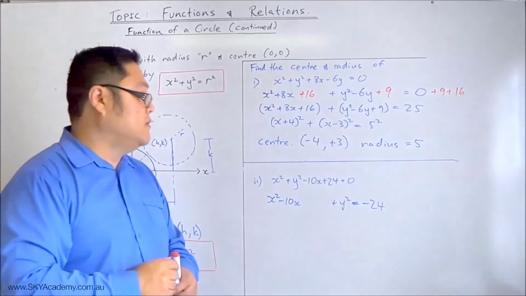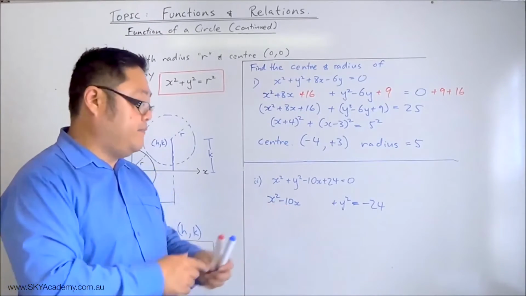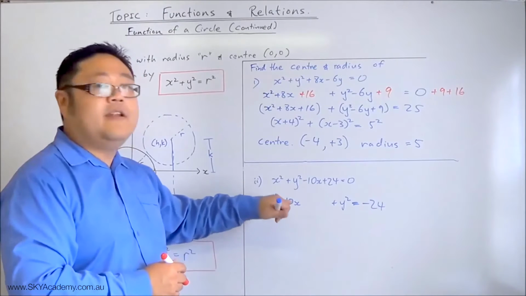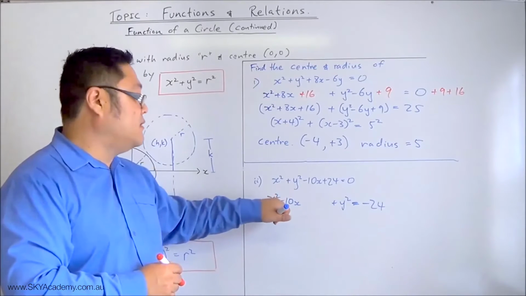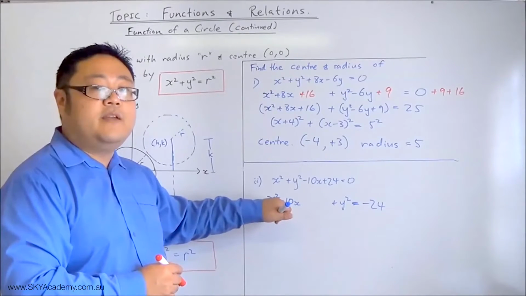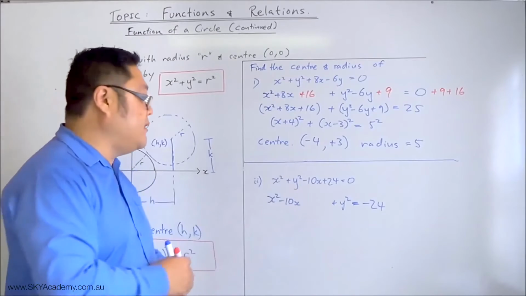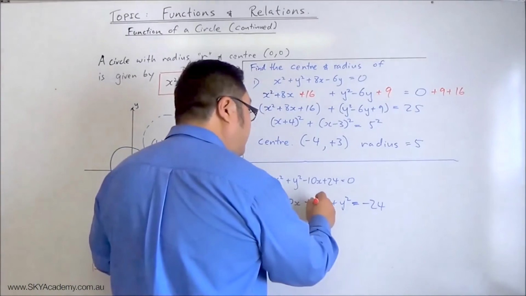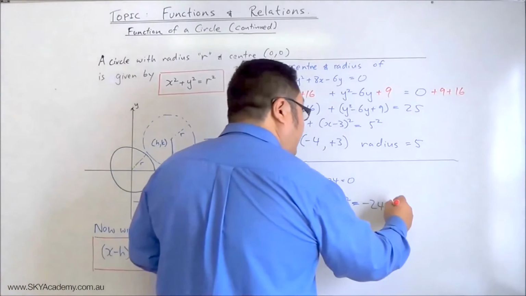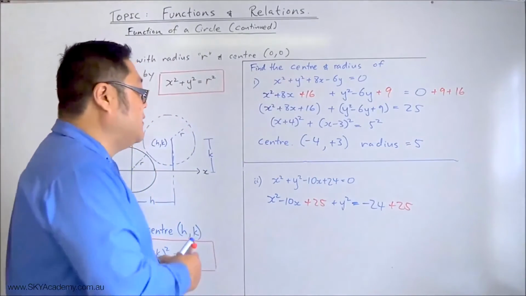Yes? Now, what do you need to do to make this a perfect square? Halve it and then square it. So halve 10x, which is negative 5x, sorry, negative 5. Square that, you're adding 25. Okay? And if you add 25 to the left hand side, you've got to do the same to the right hand side.